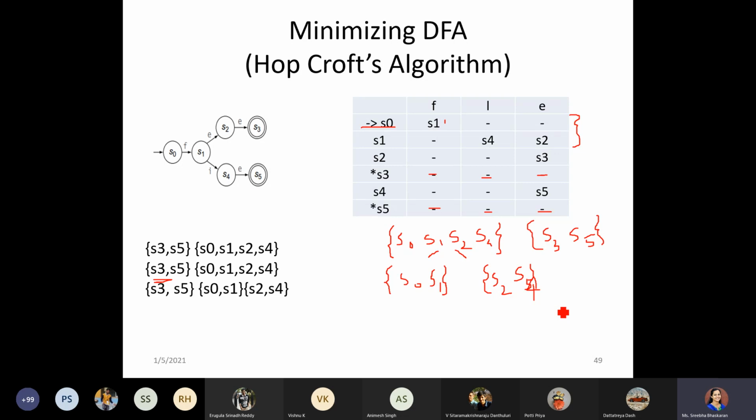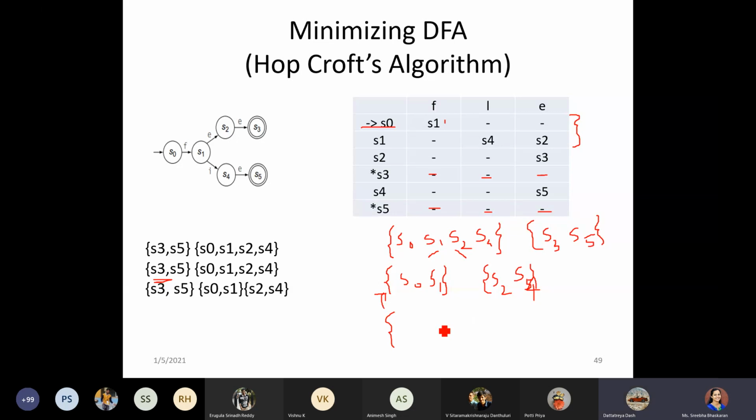Now again we have to iterate. S3, S5 we have already done. So once again we will iterate and see whether they still belong to the same group or not. Now pick up S0, S1. With respect to F transition, S1 is in one group, S4 is in another group, and S2 is also in the other group. So in the next iteration, we will see the previous case. S1 is in the same group, S4 is in the other group, S2 also is in the other group.